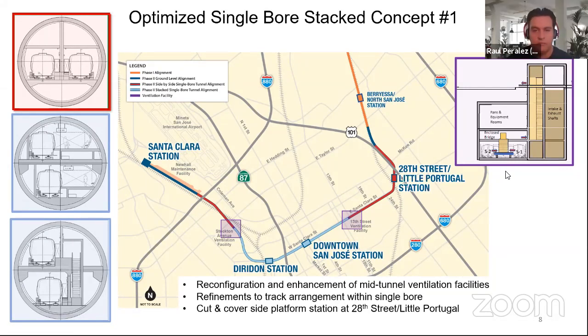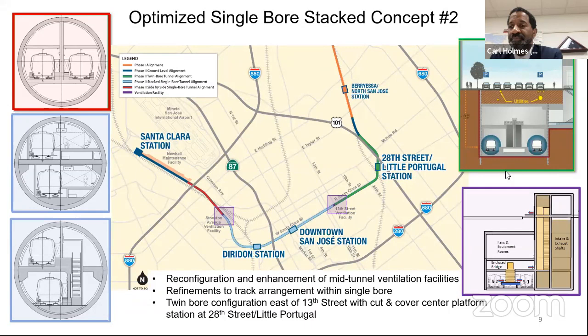And the reason why too, if somebody can go to the concept 2. Thank you. One thing that I was concerned about with this concept was moving from a double twin bore to a single bore, and just the nature of construction and what that might look like, needing, I guess, 3 different boring machines potentially, to complete the first segment with a twin bore, and then to complete and go into a single bore.